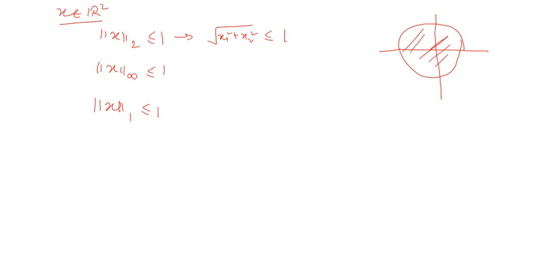For the maximum norm, it is the maximum of either mod x1 or mod x2. So the maximum over j of mod xj must be less than or equal to 1. What will be the corresponding unit cell for this?